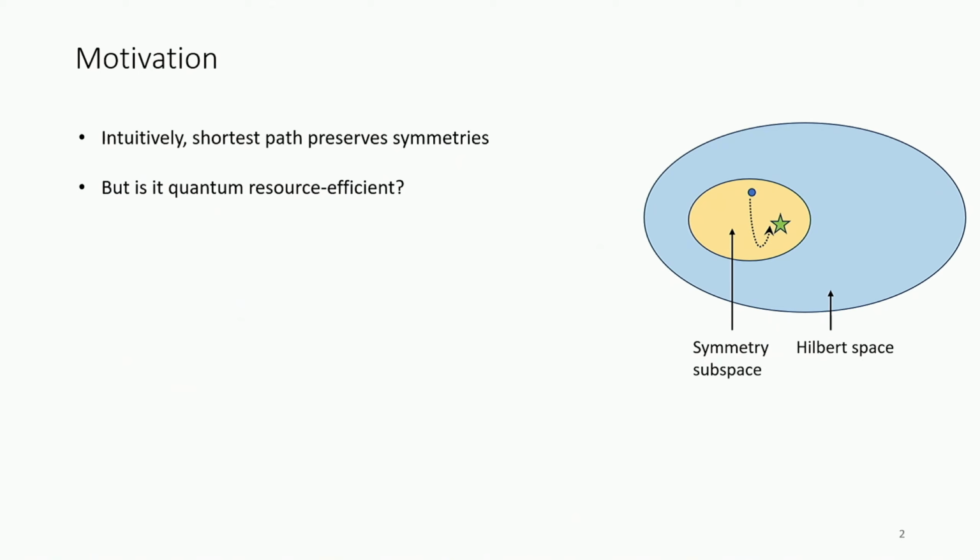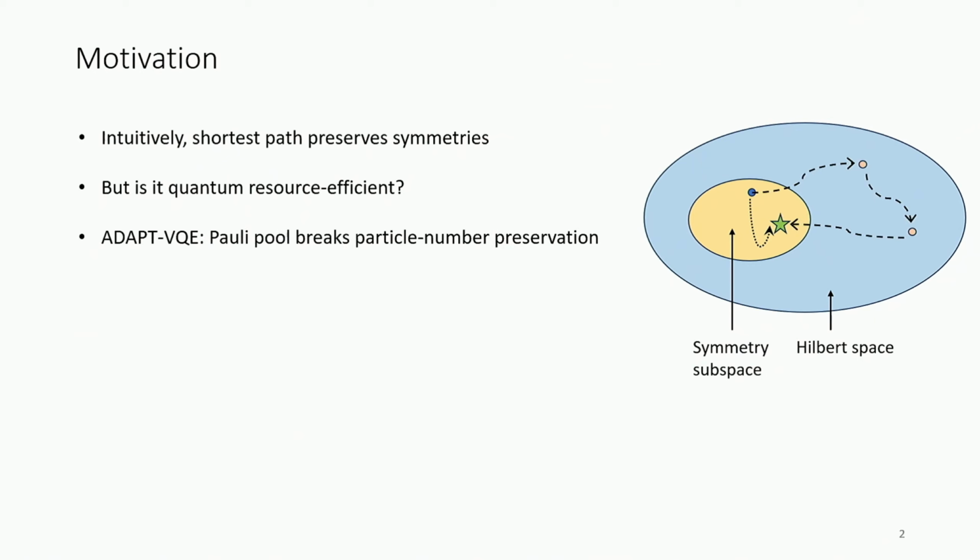But the question that I want to ask is, is this quantum resource efficient? That is, can we always come up with quantum circuits that efficiently use resources while also preserving the symmetries of the problem? Now, there are examples in which the adapt VQE algorithm, for example, breaks the symmetries of the system along the way, but regains them at the end and is able to accurately prepare the ground state.